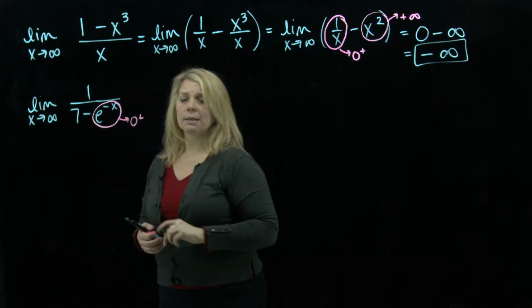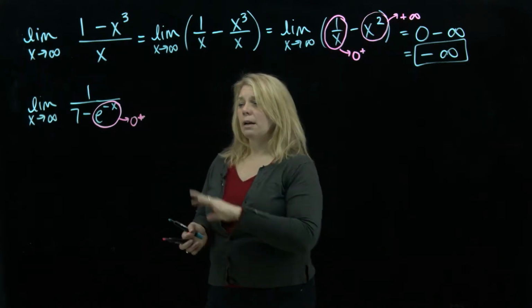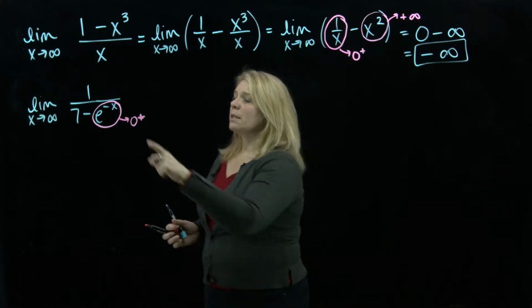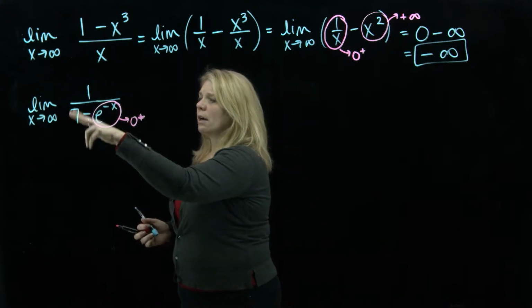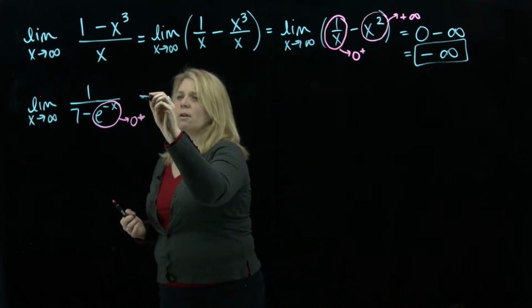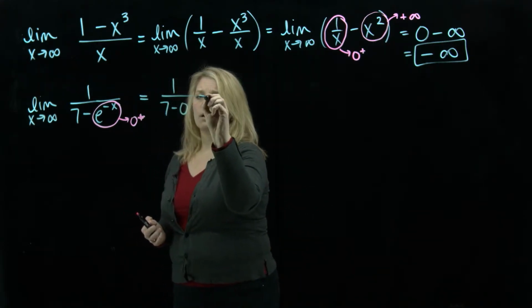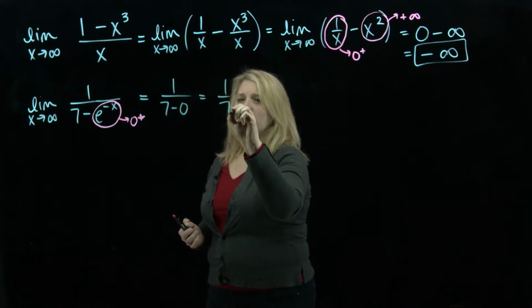They will always be positive. So I put a little plus there to indicate 0, but above 0. But this part is approaching 0. The rest of it just stays 1 and 7, and so I can think about the limit of this overall function as 1 over 7 minus 0, or 1/7.